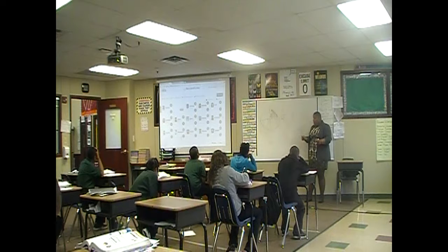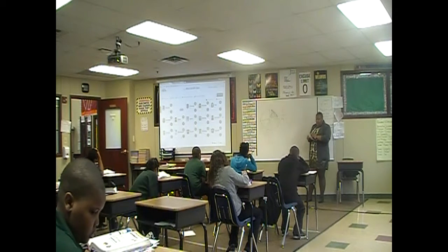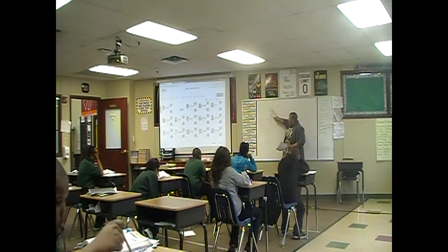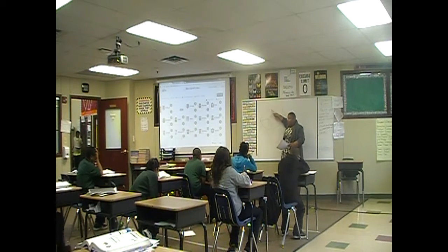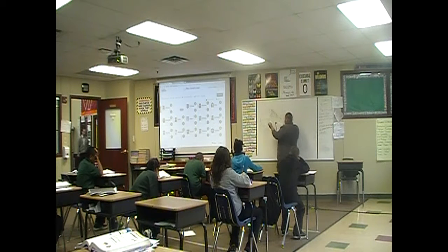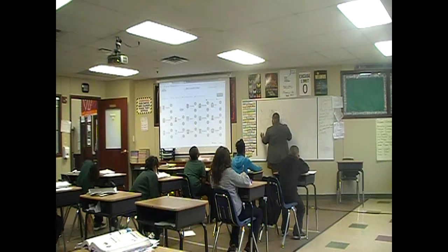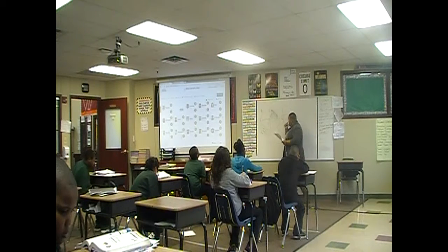Okay. So on our paper, Kelly, Jose, Jason, and Melanie are sharing one whole pizza, right? And the pizza is divided into fourths. 1/4, 2/4, 3/4, 4/4, right? This is one whole pizza. So I'm going to put K for Kelly, J for Jose, J for Jason, M for Melanie, right?